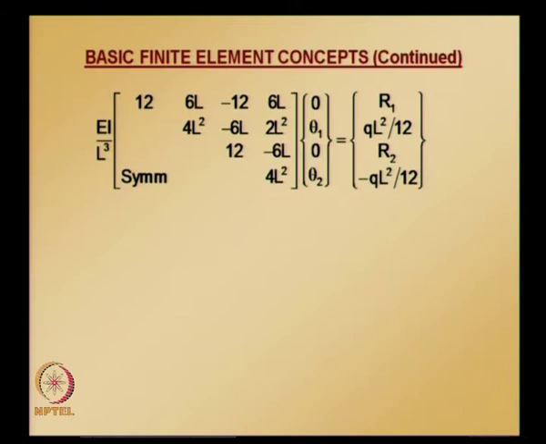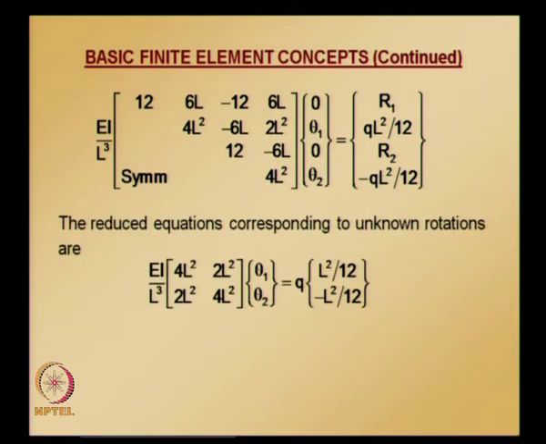Since V1 and V2 are 0, we can eliminate rows and columns corresponding to those locations. So we can eliminate 1 and 3 rows and columns, and we get the reduced equation system, which we can solve for theta 1 and theta 2, and the solution is this one.